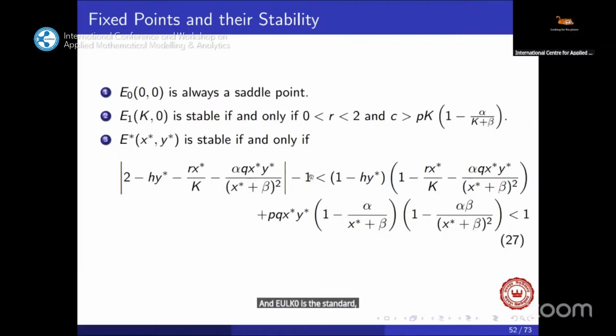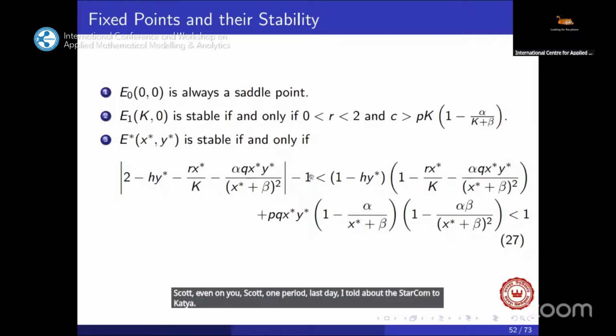than the parametric value. And the interior equilibrium is stable if and only if the Schur-Cohn criteria hold. Last day I told about the Schur-Cohn criteria. What is the Schur-Cohn criteria?